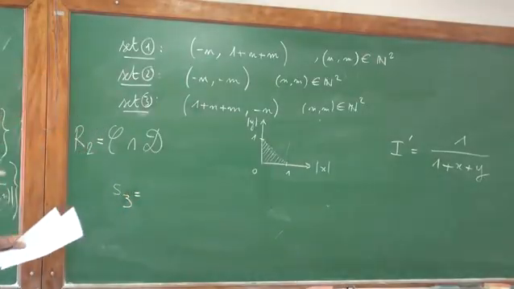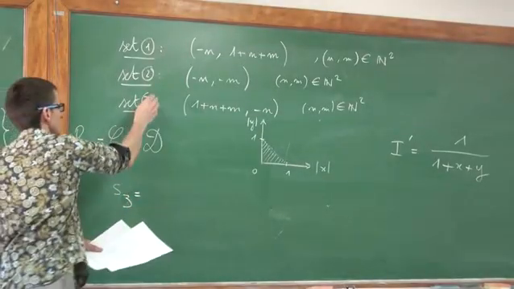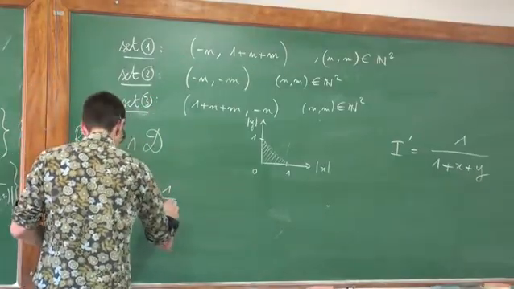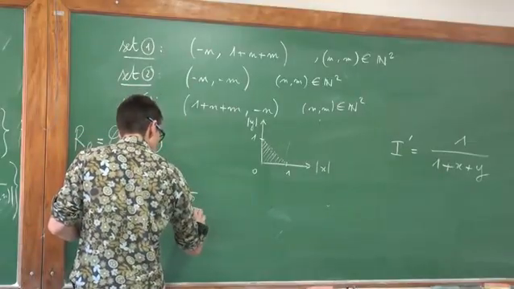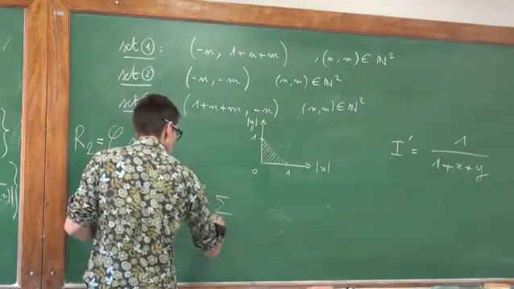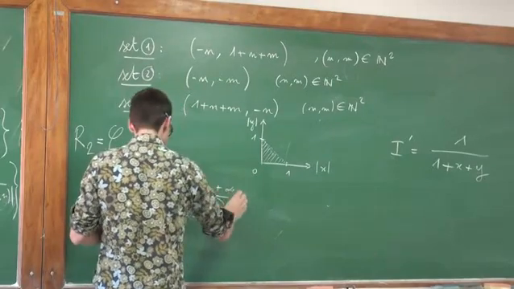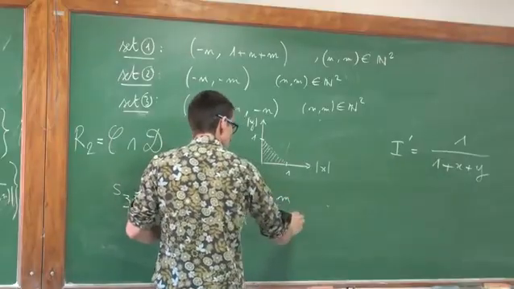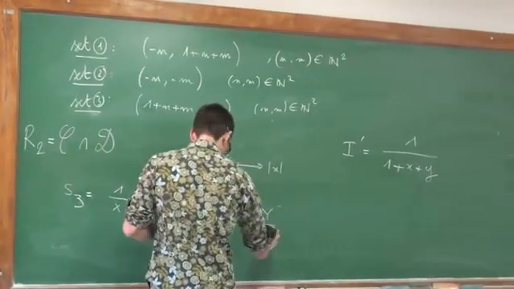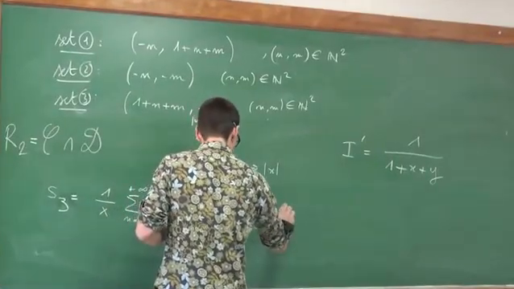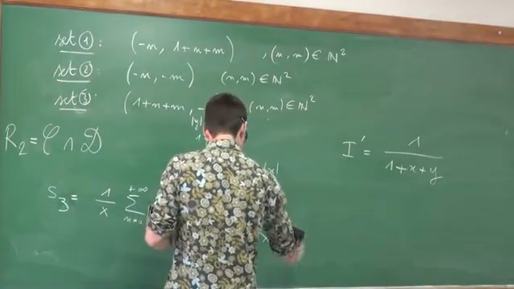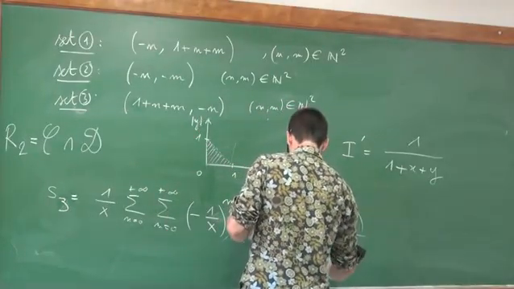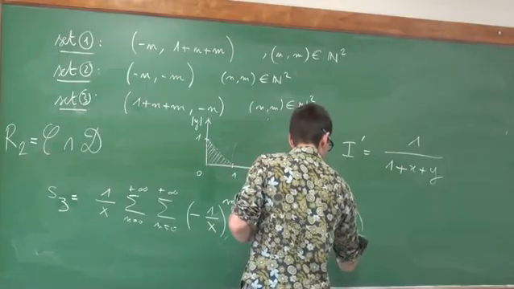If you do the same calculation with the other sets, this one, you find 1 over x, sum n equals 0 to plus infinity, sum n equals 0 to plus infinity, 1 over x to the minus sine power n, y over x minus sine power n, and gamma 1 plus n plus n over n factorial n factorial.